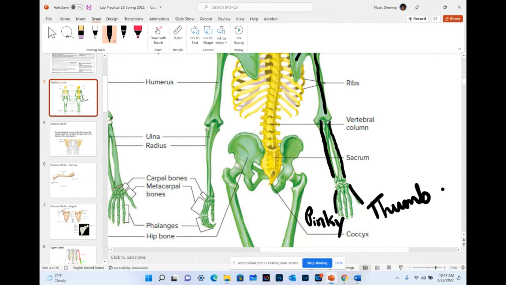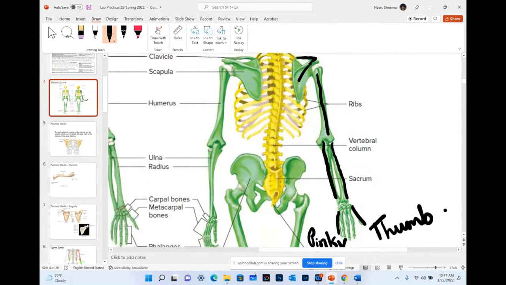So ulna is always behind the pinky, and radius is always behind the thumb. So we are going to do these bones today: clavicle, scapula, humerus, radius, and ulna. Those are about 5 bones, but they are pretty easy and simpler compared to what you did for axial skeleton.